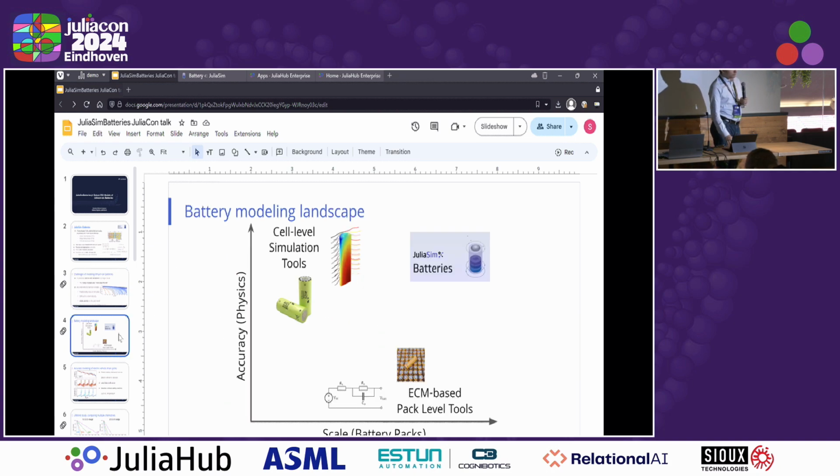So this is the battery modeling landscape in terms of accuracy versus scale. We have tools that have very high accuracy but low scalability because, as I was mentioning, traditionally, like in Python packages, they aren't necessarily the fastest ones.